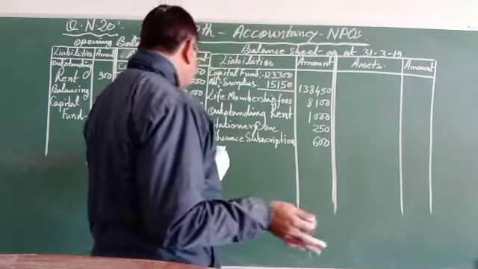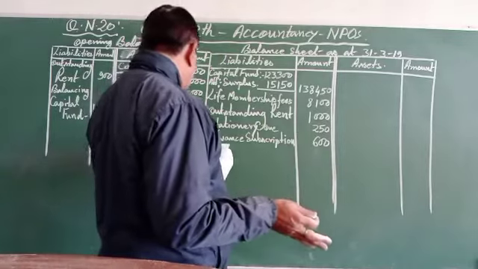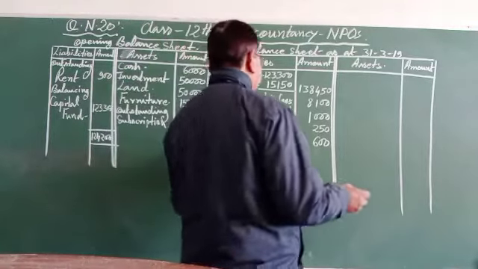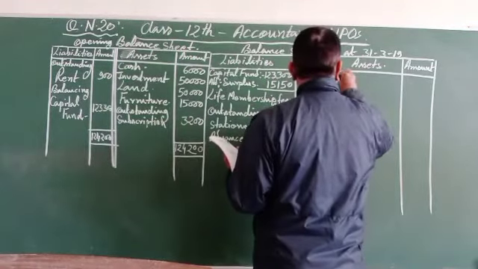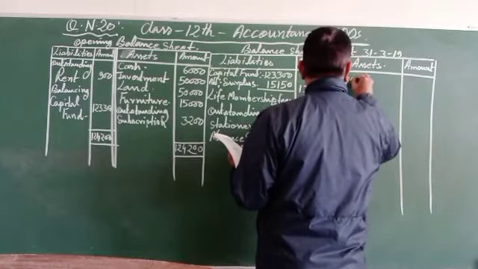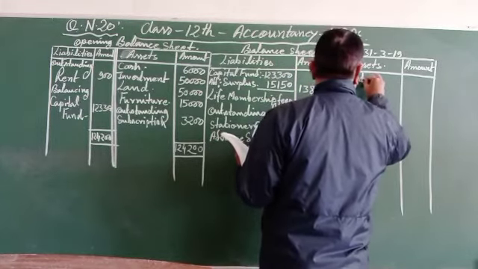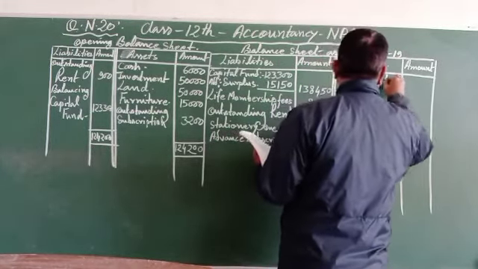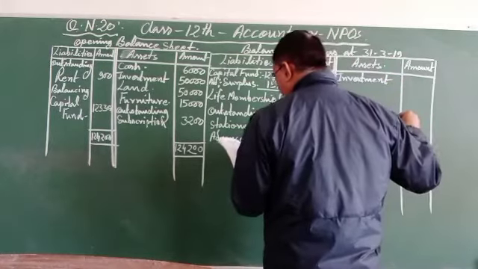Now come to the assets column. Investment 50,000.